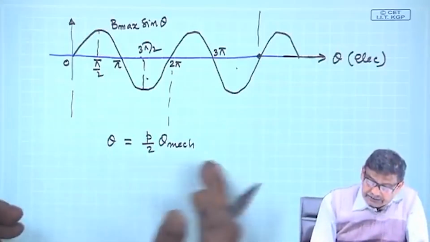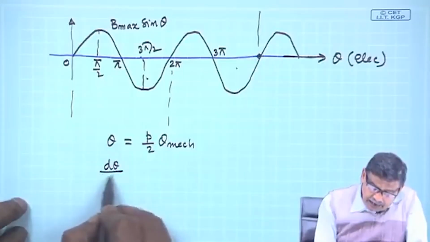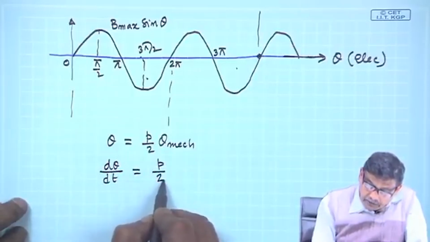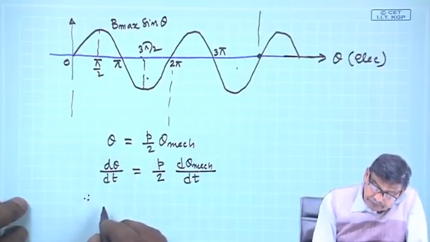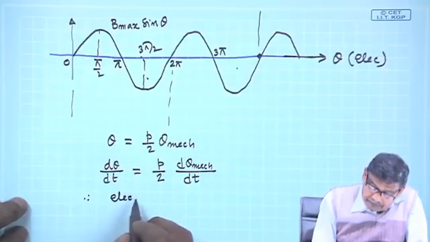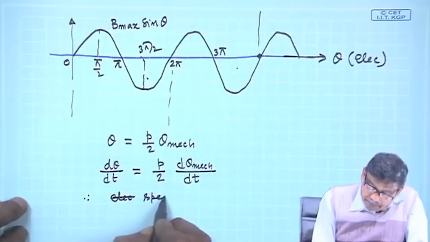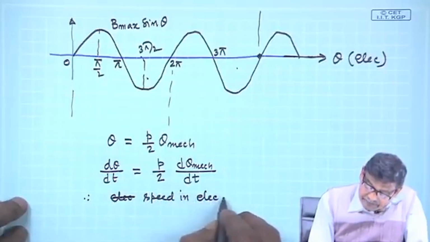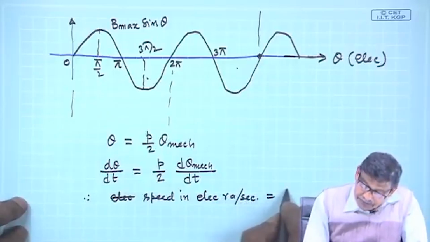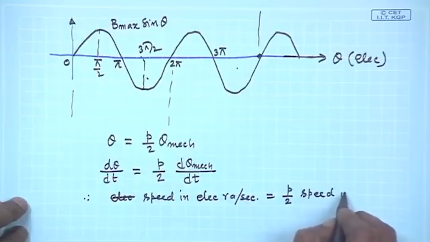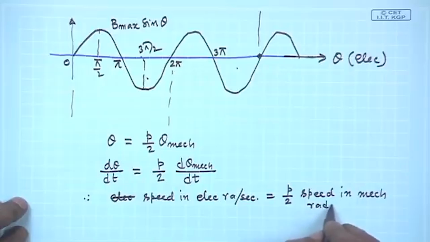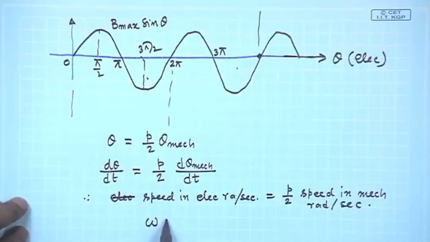Now, if you differentiate this with respect to time, you will get angular velocity d theta dt equal to p by 2 d theta mechanical by dt, or I will say that electrical speed in electrical radian per second will be equal to p by 2 times speed in mechanical radian per second, or in other words, this omega without any suffix, in electrical, will be equal to p by 2 omega mechanical.